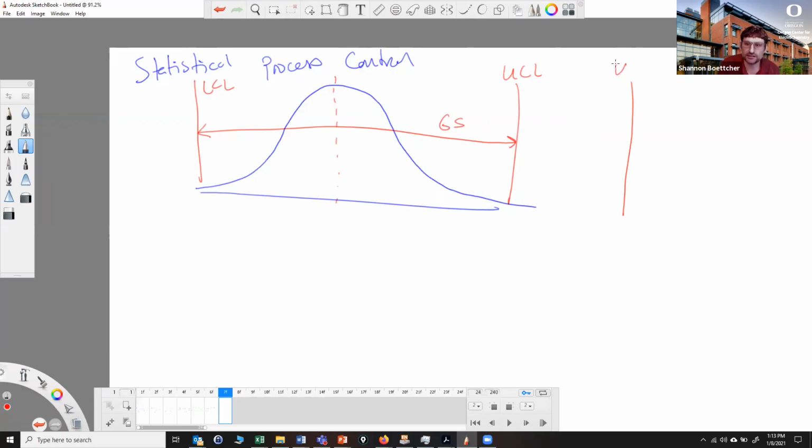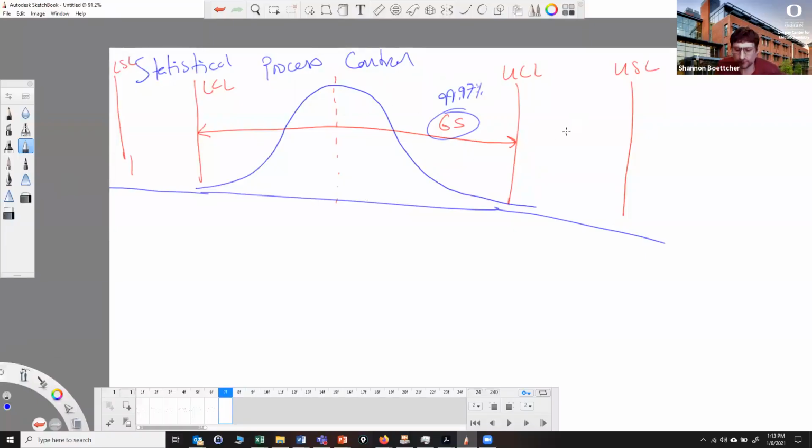So we'll call these the upper spec limit and the lower spec limit. They're some distance from the mean that's hopefully larger than your control limits, which is governed by 6 standard deviations. Remember, 99.97% of all your samples should fall under this.